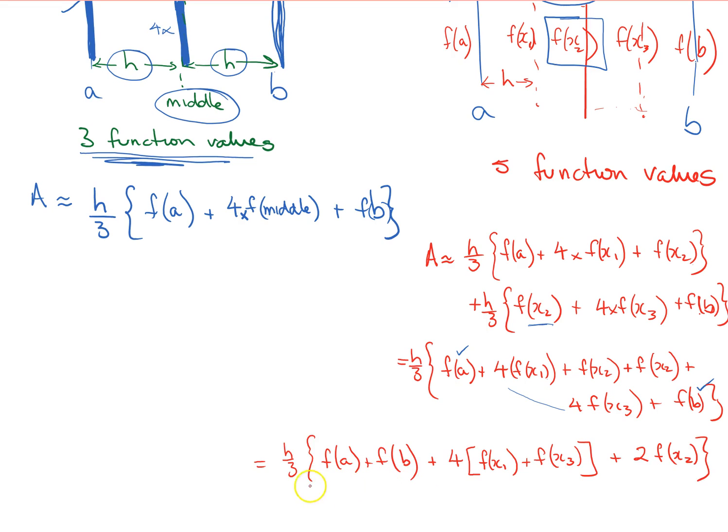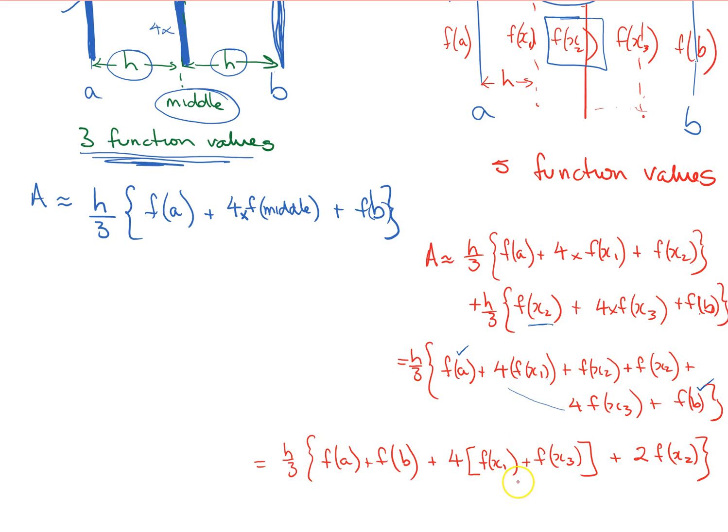So you can see I've chosen to put it in this order, h on 3, function a and function b at the front, because they only occur once. I've taken the common 4 out of function x1 and function x3.